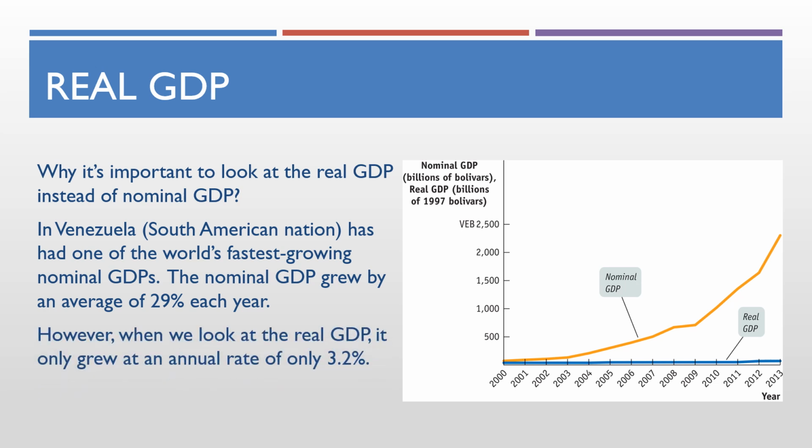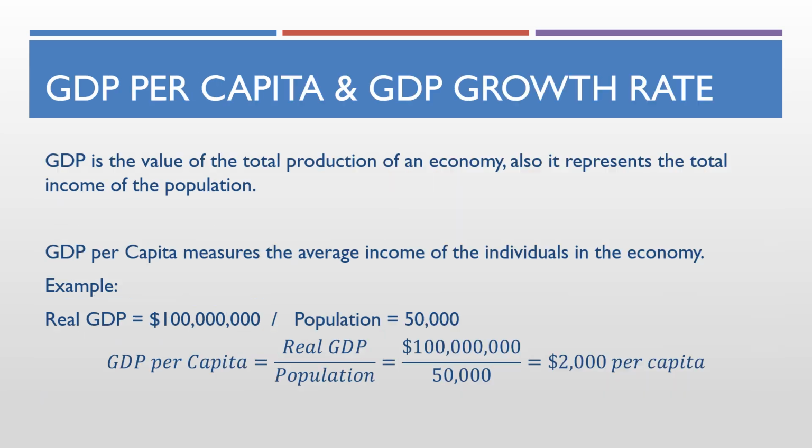So interpreting nominal GDP and real GDP correctly is very important when thinking about the growth of an economy. You don't want to measure growth with nominal terms, but only with real terms. High inflation is the cause of the nominal GDP rise in Venezuela.